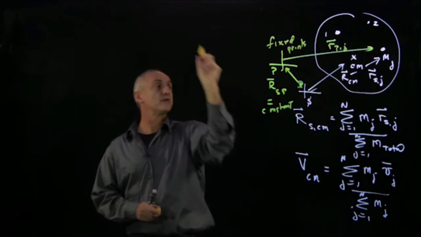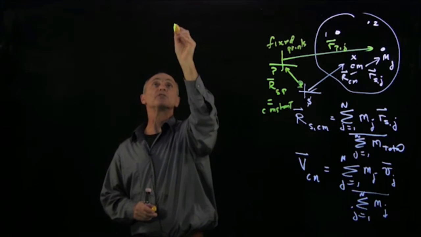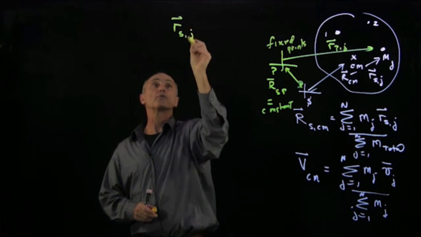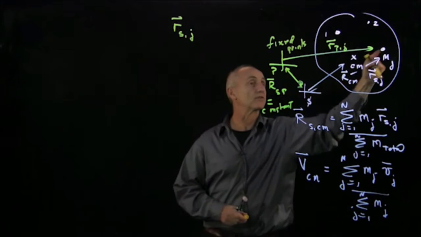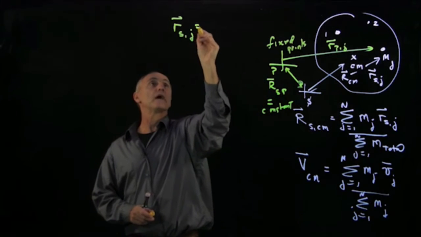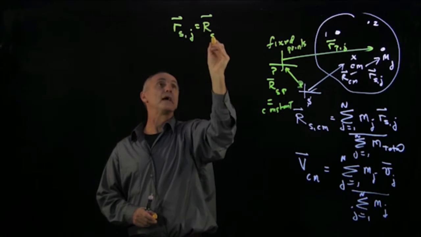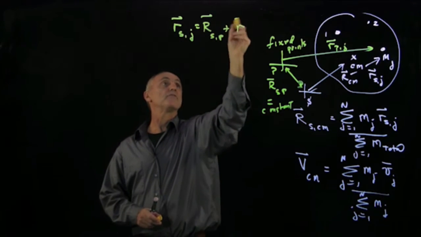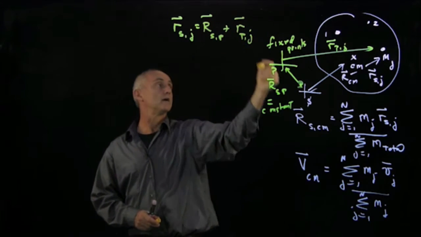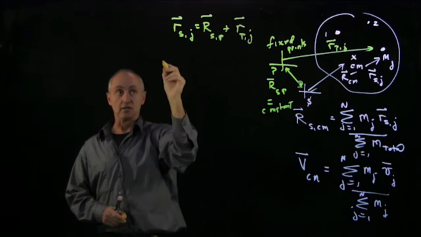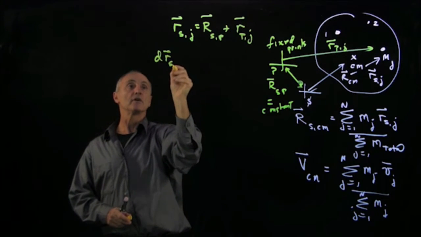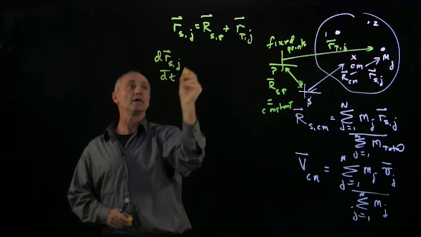Then if you were to draw your vector triangle, the position of the object with respect to s, that's this vector, is equal to that fixed position vector from s to p, plus the vector from p to j. And I differentiate this, drsj dt.